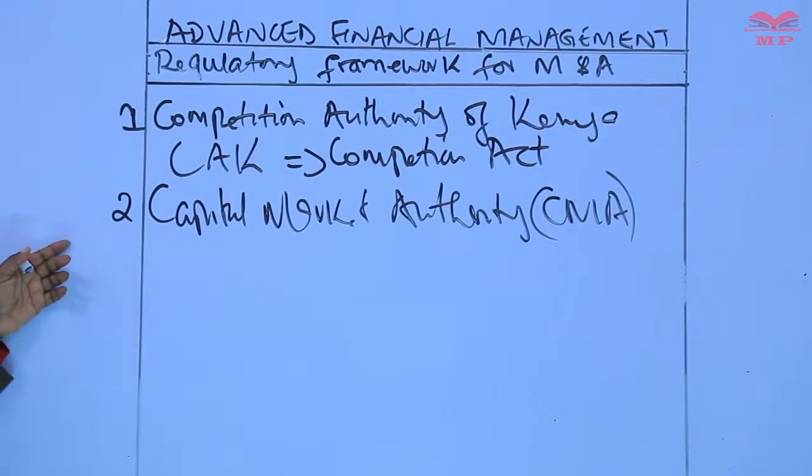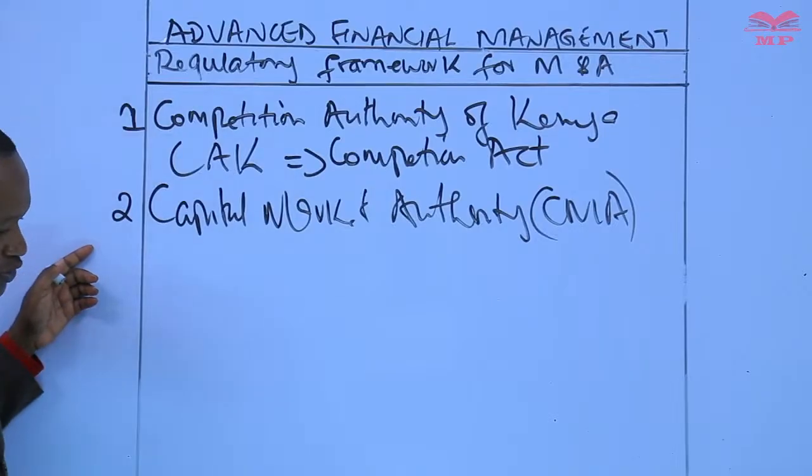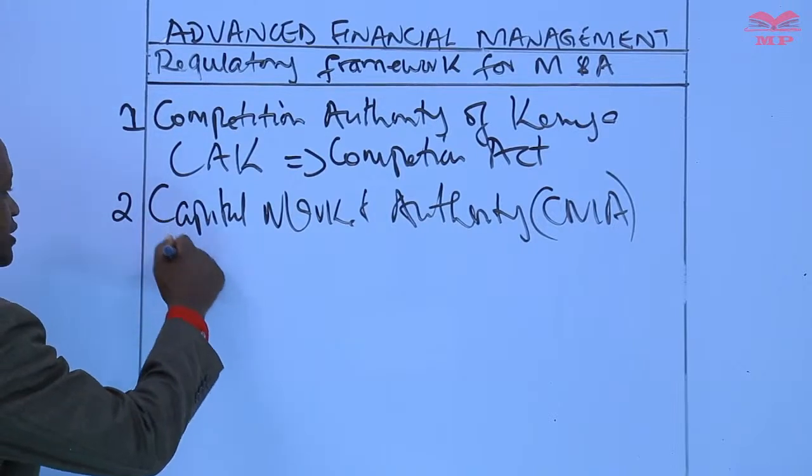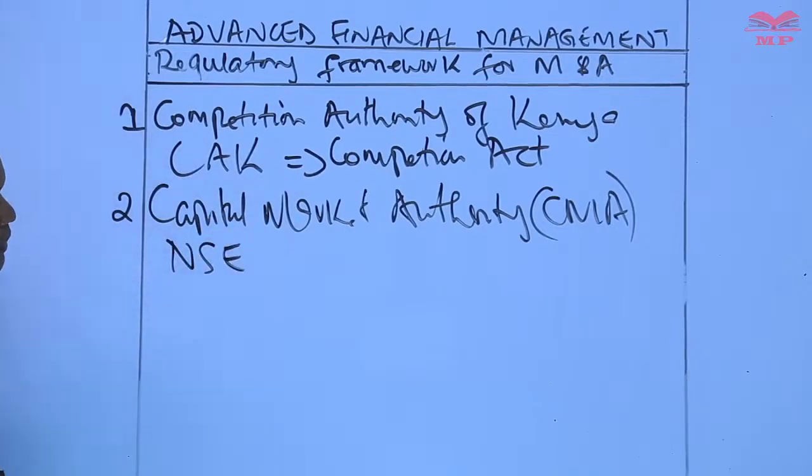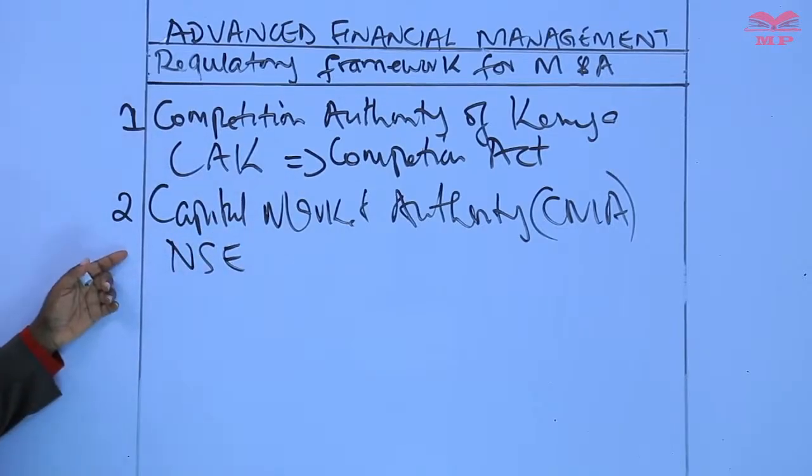The CMA regulates mergers and acquisitions involving companies that are listed on the Nairobi Securities Exchange. So if the companies that are listed on the Nairobi Securities Exchange choose to merge or to acquire or to take over other companies, the Capital Market Authority has to be involved.